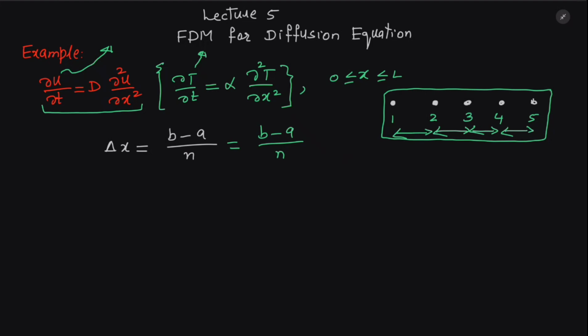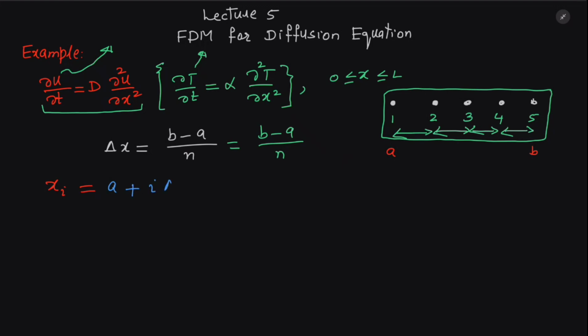Now, since we are going to apply the finite difference method, we can also write the equation for the node points, and this is written like this: x_i equals a plus i delta x. If the domain is from a to b, then we should start this x_i from a.